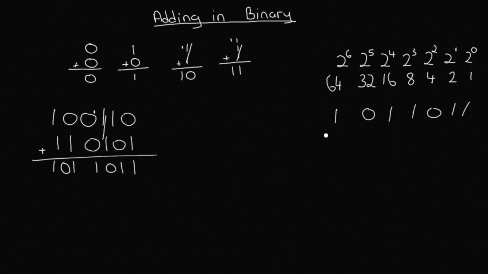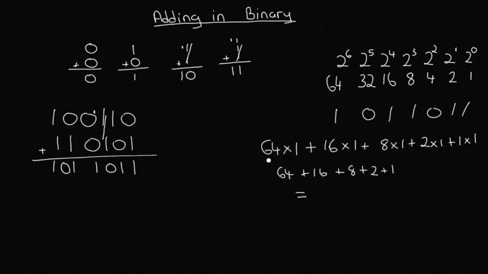So we can see if we get 64 and multiply it by 1, and then we get 16 multiplied by 1, 8 multiplied by 1, 2 multiplied by 1, and 1 multiplied by 1. That will give us our answer. So if you multiply these all out and add all these numbers together, you get the answer as 91. So we know that this binary number here is equal to 91.